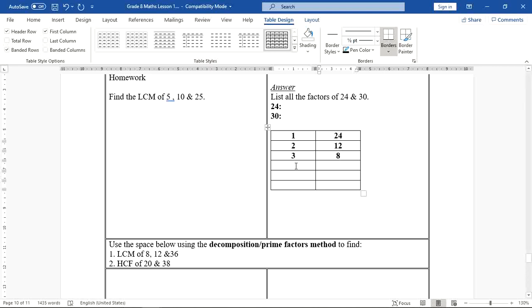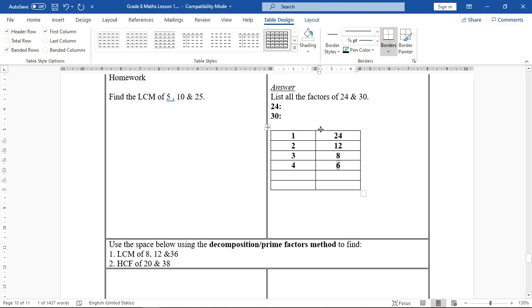What about 4? 4 can also go into 24. How many times? 6 times, because 4 times 6 is 24. What about 5? Nope. 6? Yes. So the moment you get a number on this side, that's when you stop dividing. So 1 times 24 is 24, 2 times 12 is 24, 3 times 8 is 24, and 4 times 6 is 24.